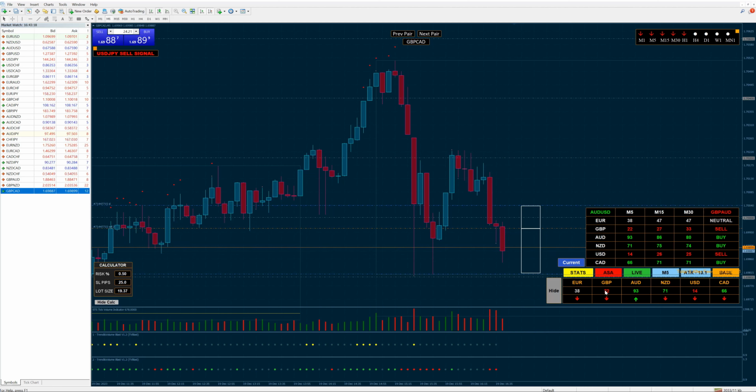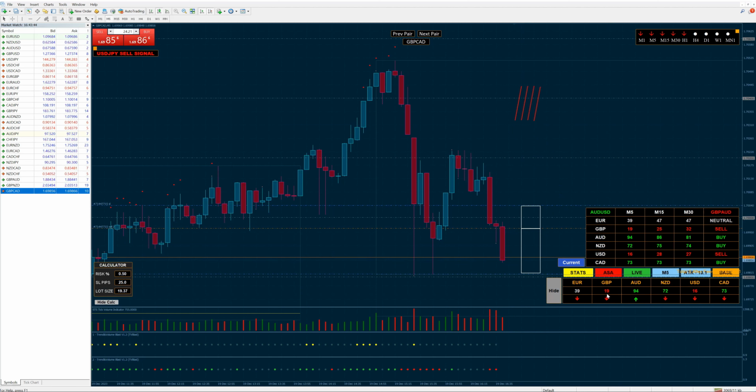All GBP pairs on average are going down. This is looking at every pair that begins in GBP, right? We've got GBP USD, GBP JPY, GBP this, GBP that, and every single one of these pairs has their own individual number, and then I'm averaging those numbers together to create an average direction number here.